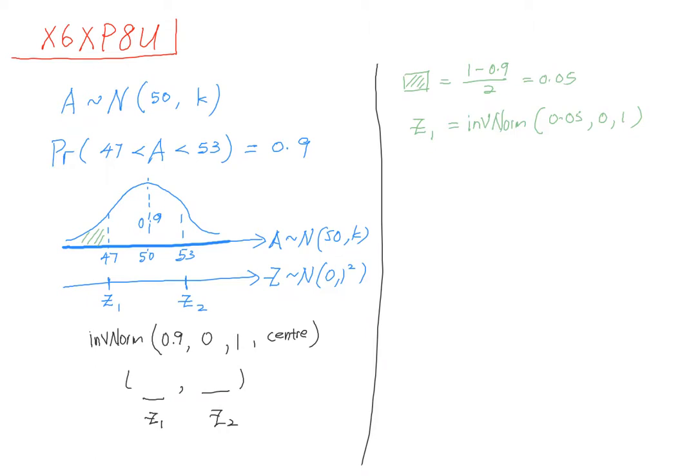Negative 1.645. Negative 1.645 equals 47 minus 50 over K. So my K will be equal to negative 3 divided by negative 1.645. Then I get the answer.